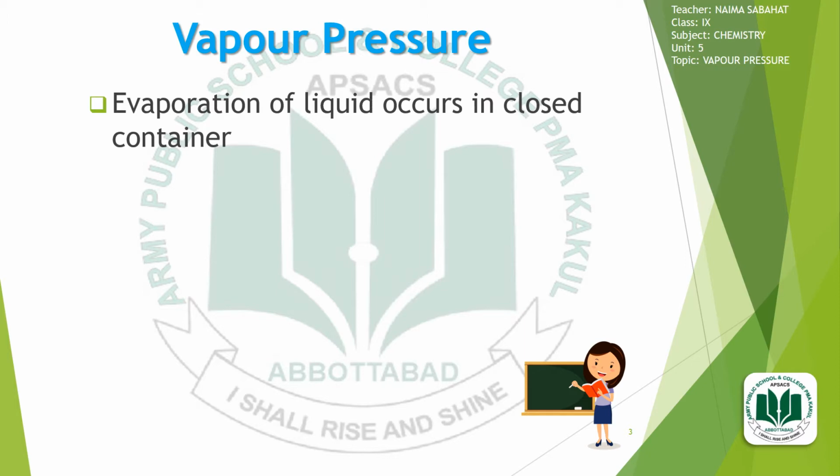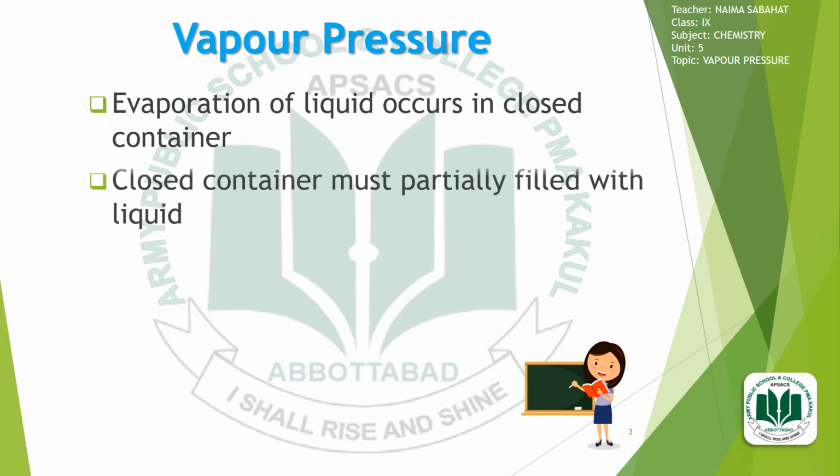Evaporation of liquid occurs in a closed container. The closed container must be partially filled with the liquid. Why must it be partially filled? Because the molecules that escape from the surface of the liquid gather over that available empty space.